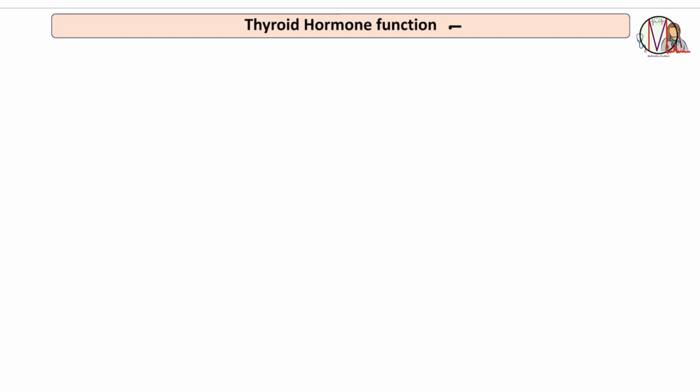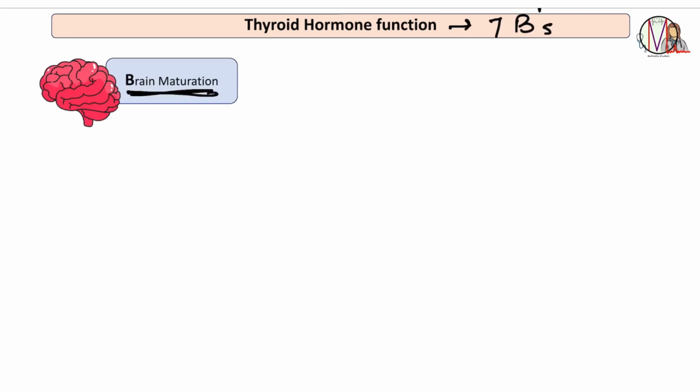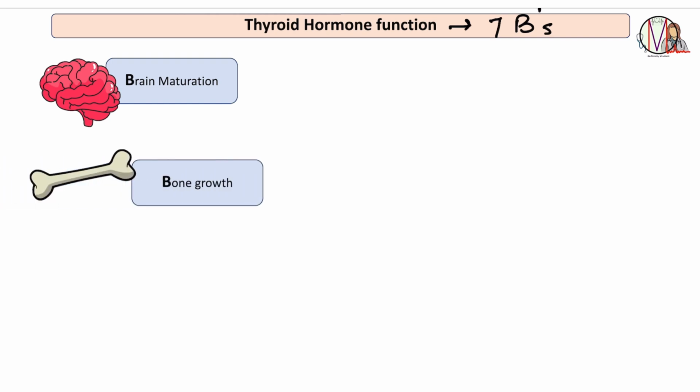T3 functions, 7 B's. You can remember by 7 B's. The first one, brain maturation. It is responsible for brain maturation plus myelin formation plus axonal growth. Next B is for bone growth, as it promotes the synthesis and secretion of growth hormone.